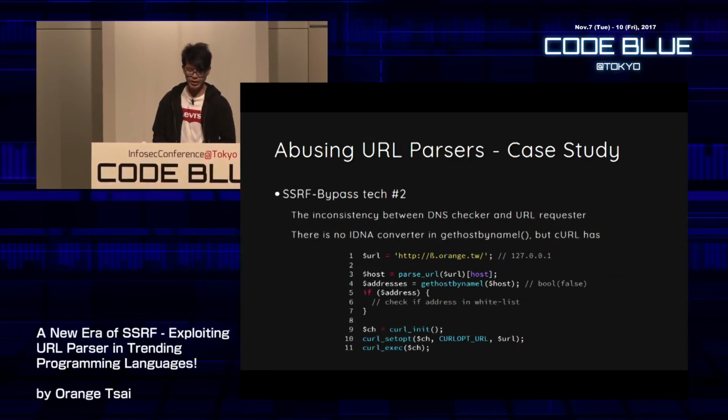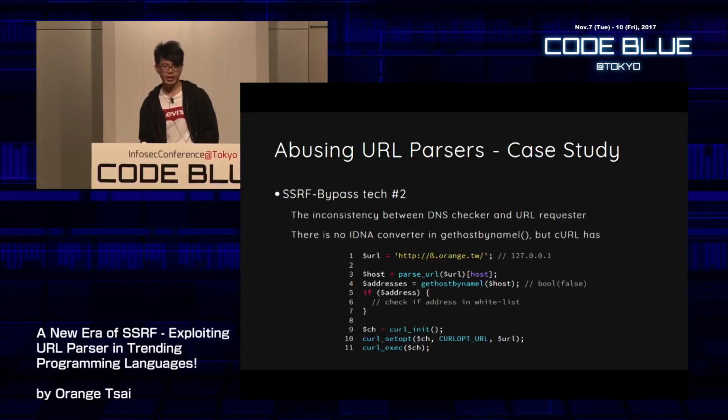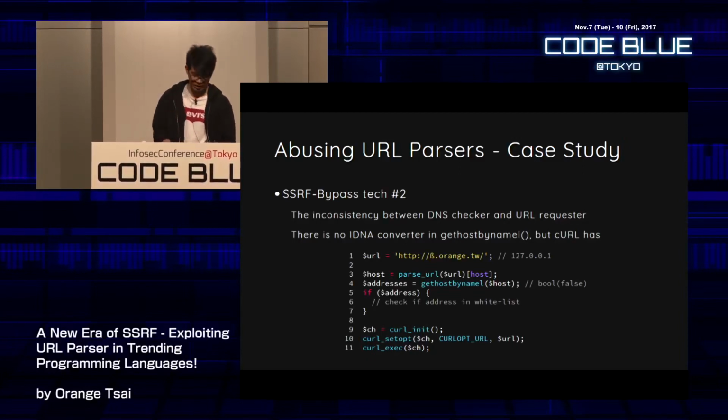The next bypass is about the support of the IDNA standard. Curl is a very intelligent library which can automatically convert the global domain name to an IP address. But PHP gethostbyname can't. This inconsistency also led to the SSRF bypass.